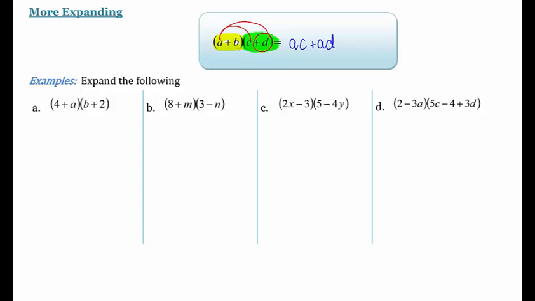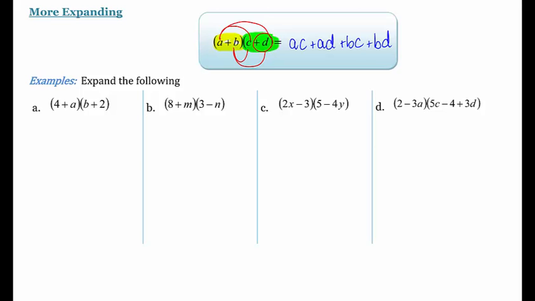Then we move to the next one. B times C is plus BC, and B times positive D is plus BD. Okay, so always go in that order. A times C, A times D, B times C, B times D.